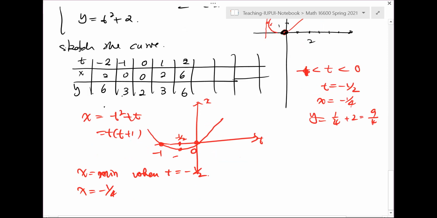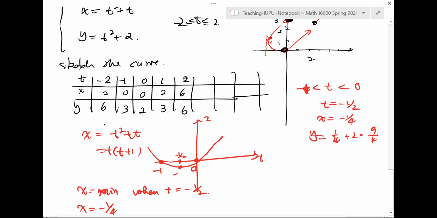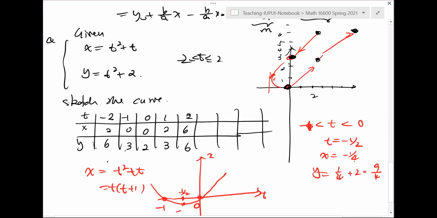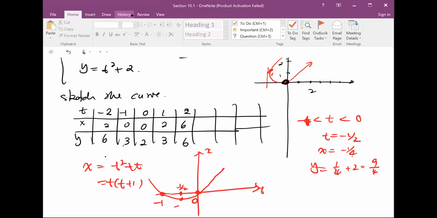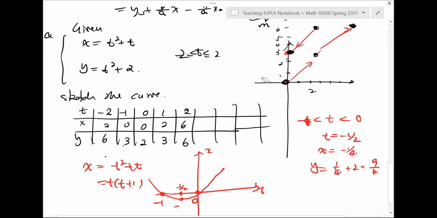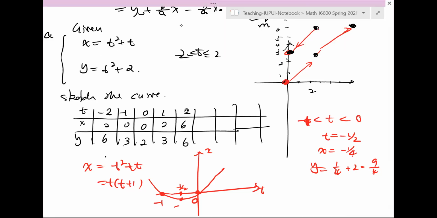Where is this point? It's slightly bigger than 2. If we have to draw the graph, let me sketch it. Somewhere here, it's 3, and this is only a tiny bit.